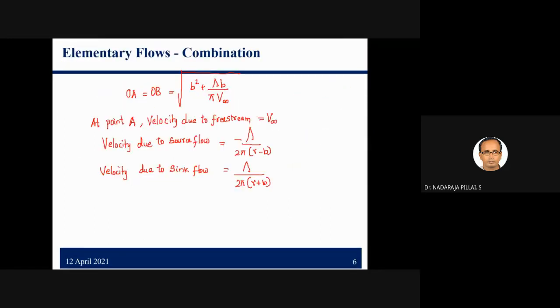Now let us write the total velocity experienced by point A. We can write that the total velocity experienced by point A, VA, is equal to V infinity minus lambda by 2 pi (r minus b) plus lambda by 2 pi (r plus b).